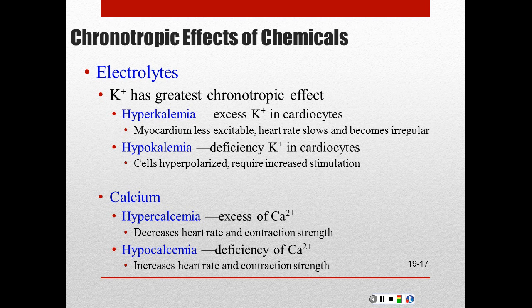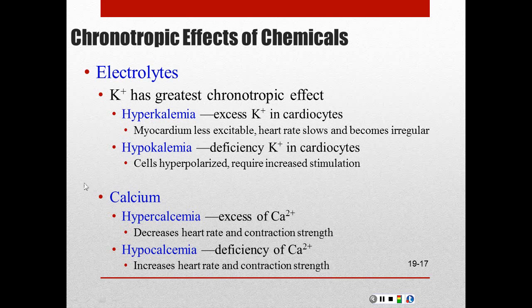With hypokalemia, which is a deficiency of potassium ions, those ions are going to diffuse out of the cardiocytes, and they become hyperpolarized and harder to stimulate. Now, potassium imbalances are very dangerous and require immediate medical attention.